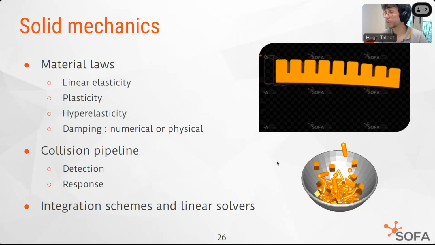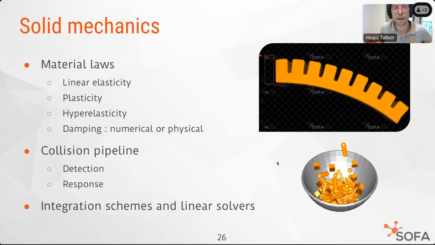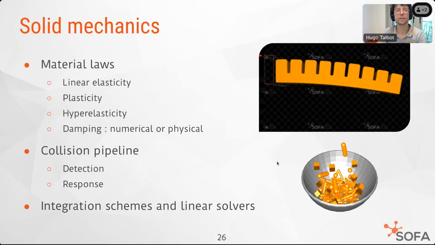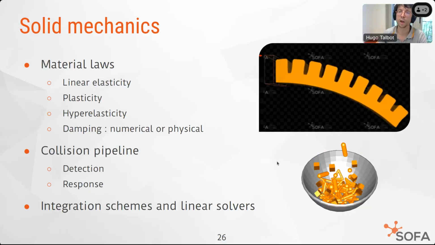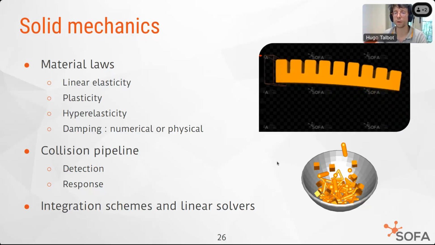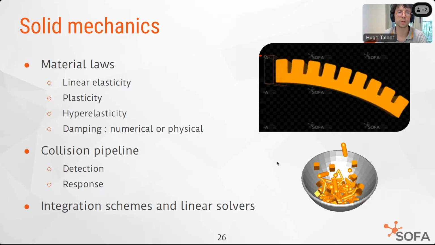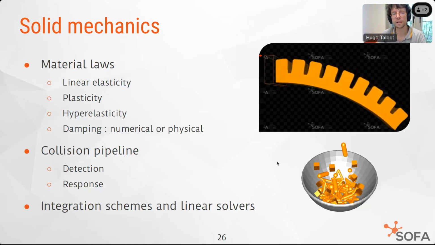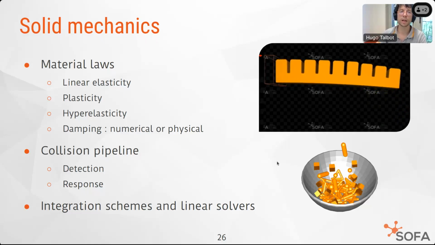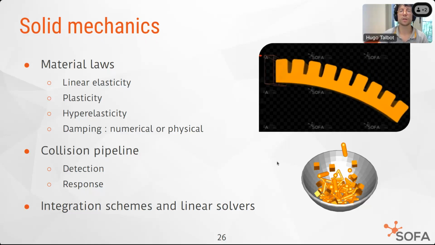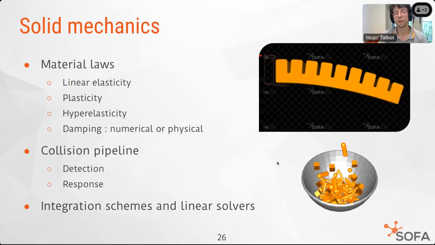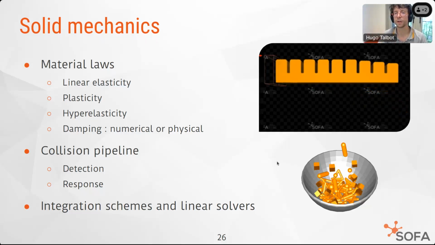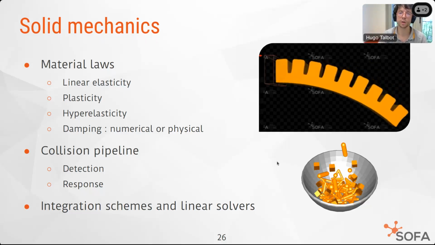So there is a lot of solid mechanics within SOFA, and you can, for instance, find a set of material laws in SOFA: linear elasticity, small deformation, large deformation, using also co-rotational approaches. Plasticity is implemented on some models. Hyperelasticity is also implemented. You can see here a case of plasticity on the image on the top right.